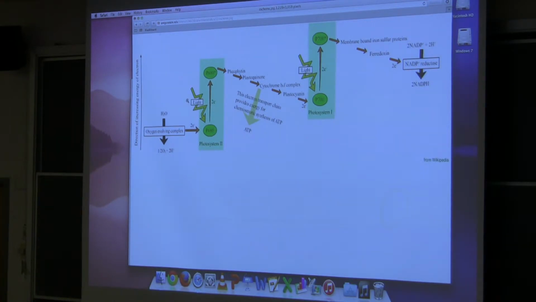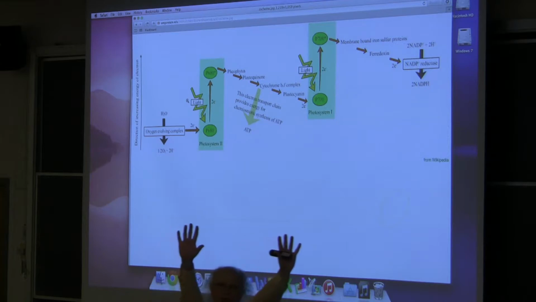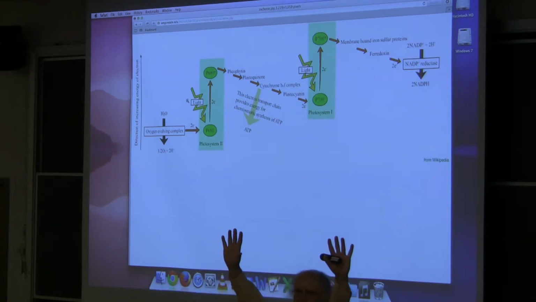Okay? So how is it possible that we're able to reverse what's happening inside of electron transport? The answer to that is contained right there in those photons of light. The photons of light provide the energy to push the water back up the hill. All right?